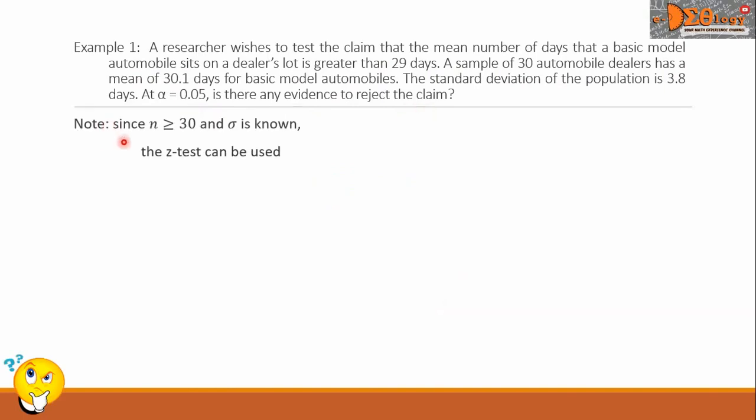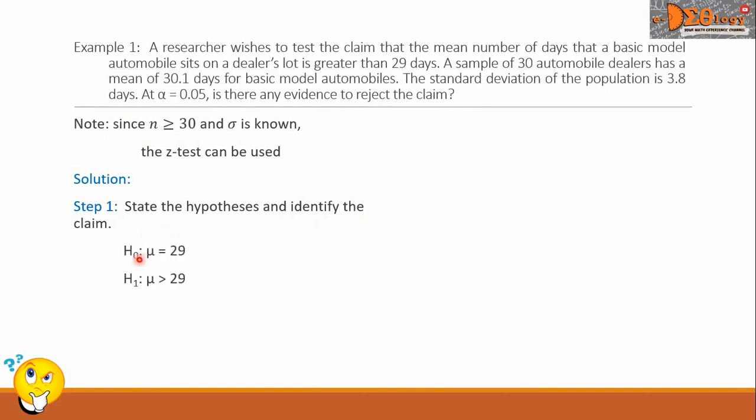We note that since n is greater than or equal to 30, this is the sample size, and sigma is known, the z-test can be used. So step 1, we state the hypothesis and identify the claim. So we write here H sub 0, this is the null hypothesis, colon, mu equals 29.